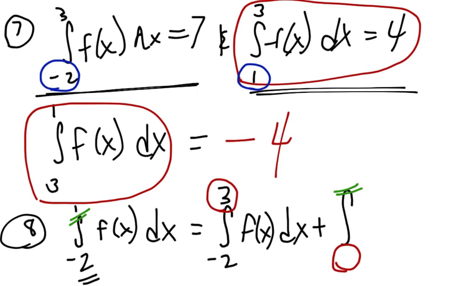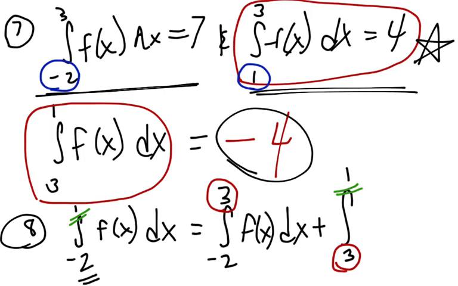So if I switch this one to 3 to 1 like I had on example 7, which means I need to change the sign on the starting premise one, which we've already figured out comes out to -4.